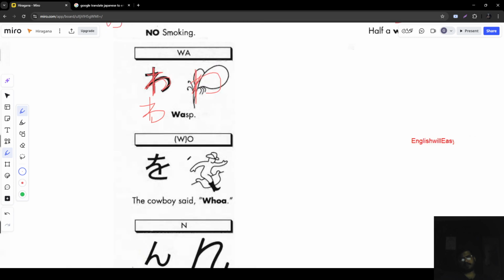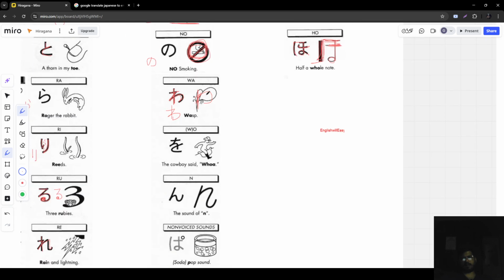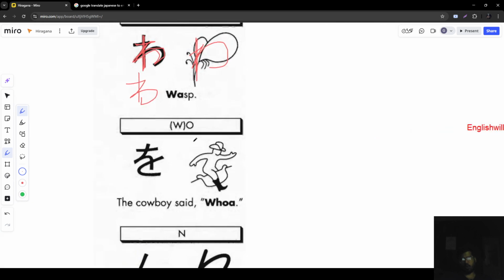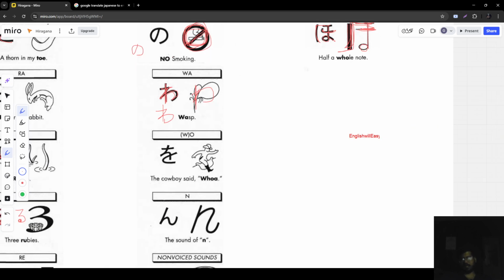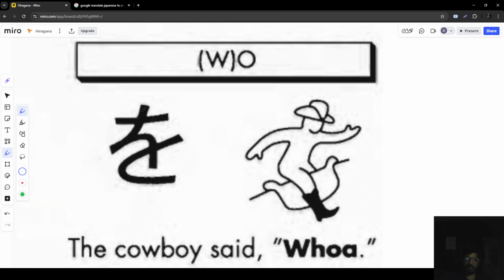So wasp, and after wasp it's wa. After wa it's wo. There's no we, there's no woo, there's no way, there's wo. The cowboy said whoa. Okay, so this is the cowboy.